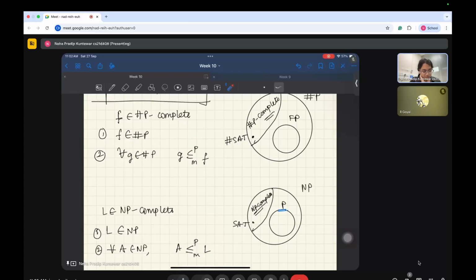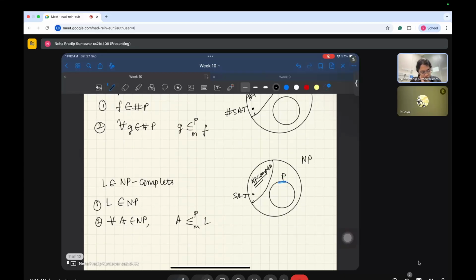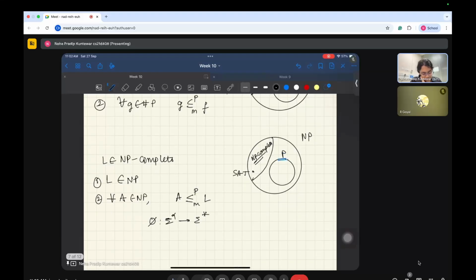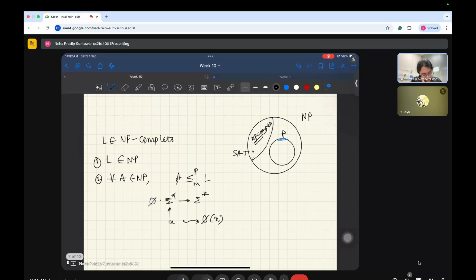So we had this notion of a function phi that takes an input x and gives us phi of x, such that x is in A if and only if phi of x is in L. Also phi should be polynomial time computable.